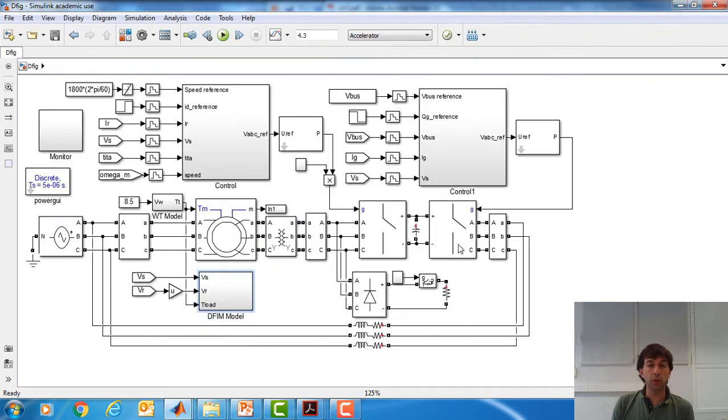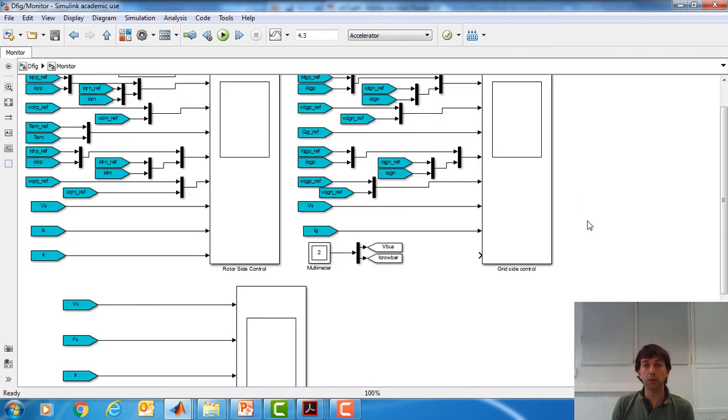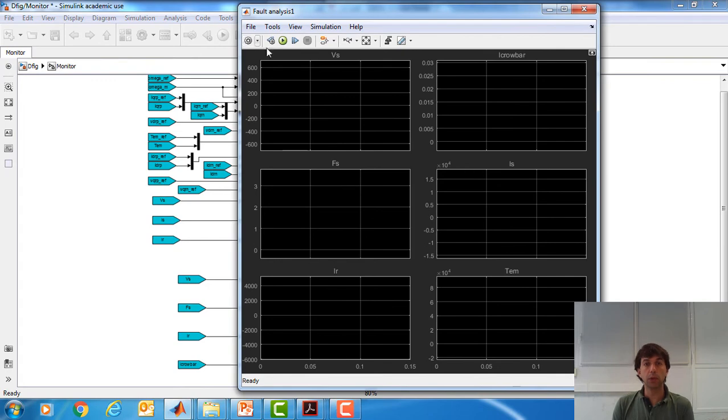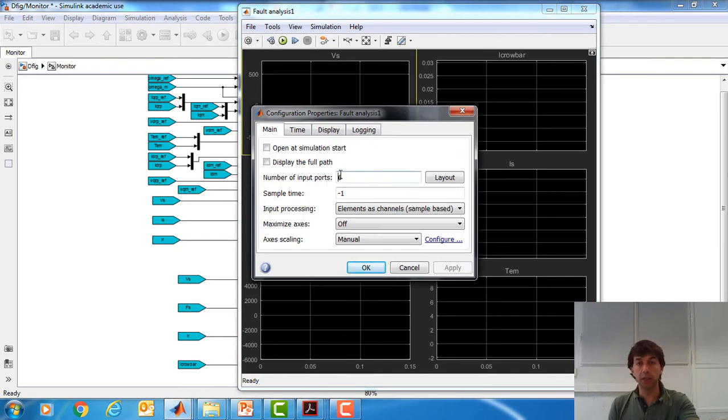So once we have the model, let's compare how it works, if it's similar or equivalent to the Simulink SimPower library model. So let's go to the monitoring block, and let's use, for instance, another scope in which we could compare three variables. Let's do the layout like there.